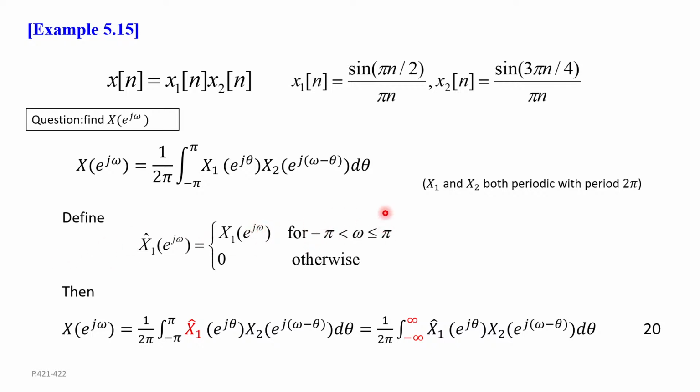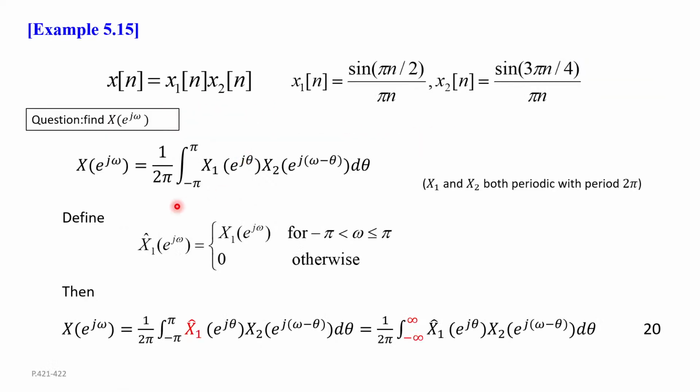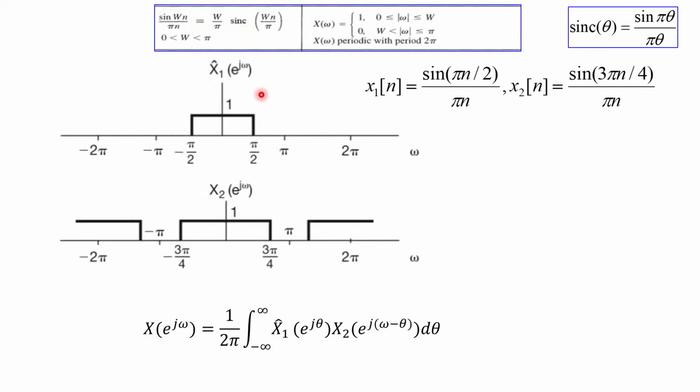And here, because we know x1 is going to look like this low pass filter that keeps repeating itself every 2 pi and has some block around 0, we cut off around minus pi to pi. Okay, so we just cut off one block of this low pass filter. Okay, so this is x1 hat.